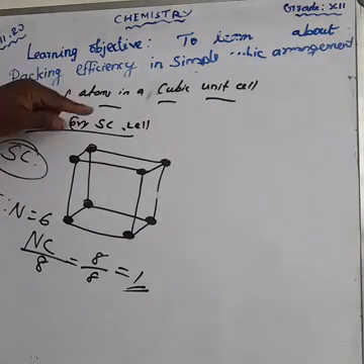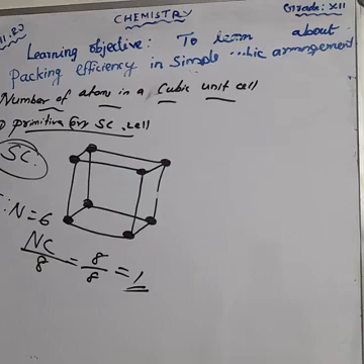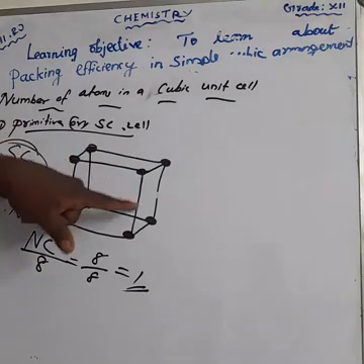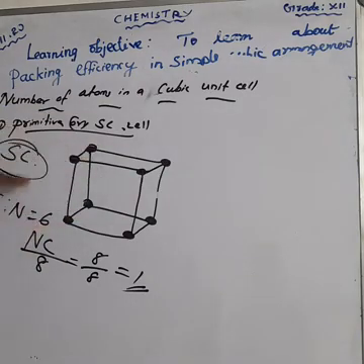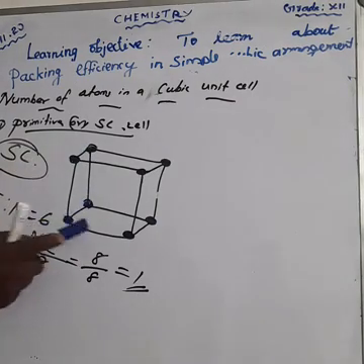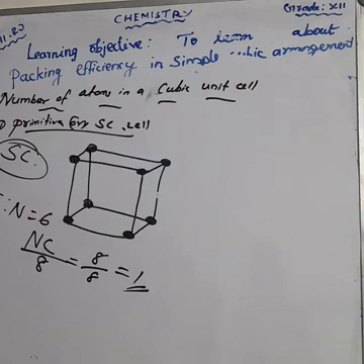Each atom in the corner of the unit cell is shared by 8 neighboring unit cells. Therefore, the atoms in a unit cell is equal to NC divided by 8, where NC is the number of atoms at the corner. So the number of atoms in the SC unit cell is 8 by 8, because there are 8 corners, which is equal to 1.